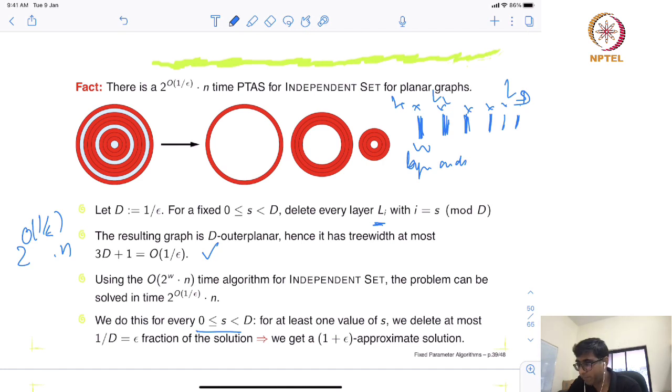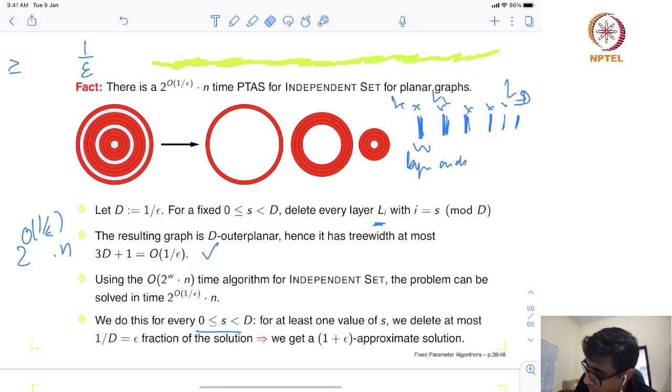Suppose the solution had weight w. What will you return? You will return at least w minus epsilon w.